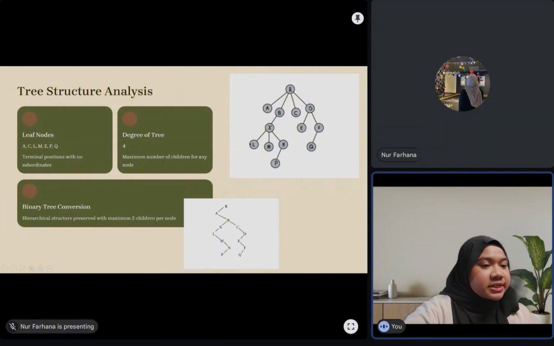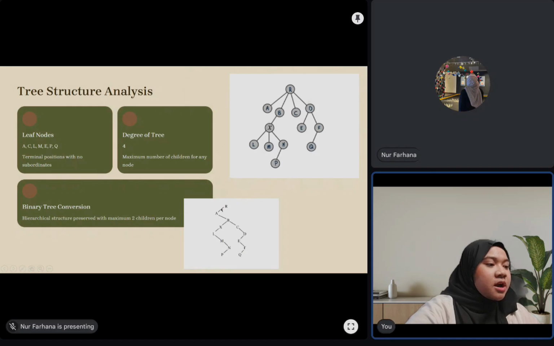And the last question is D, binary tree conversion. We need to convert this tree structure to this binary tree. On the left are children, on the right are siblings.